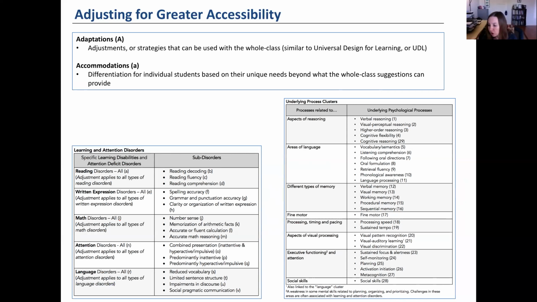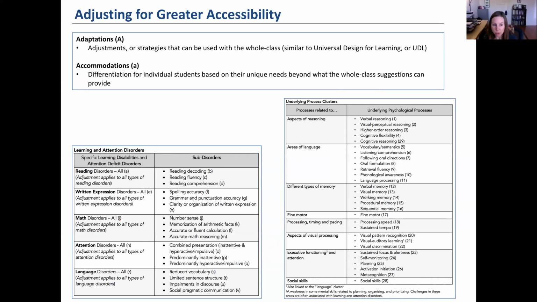In terms of the range of learning and attention disorders that we consider in our work, to identify places that might be tricky for those students in lessons as written, I have some tables here for you. On the left-hand side is a range of broad disorders and sub-disorders associated with each of those larger categories.